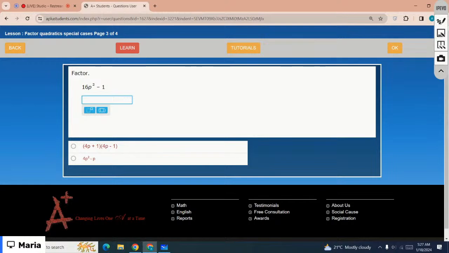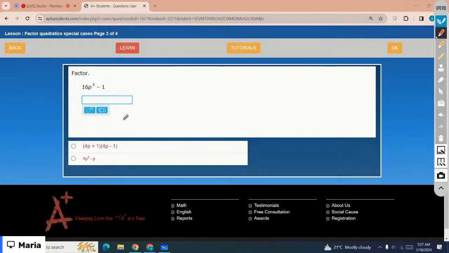Okay, factor 16p square minus 1. So 16p square is the square of 4p, right? And 1 is the square of 1. So they are like a square minus b square.